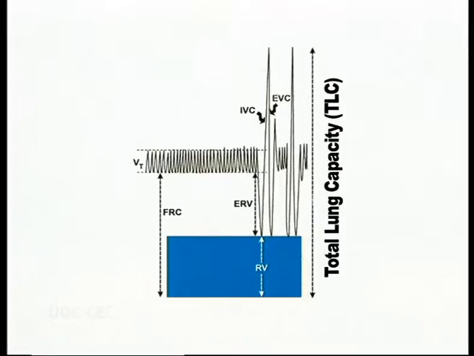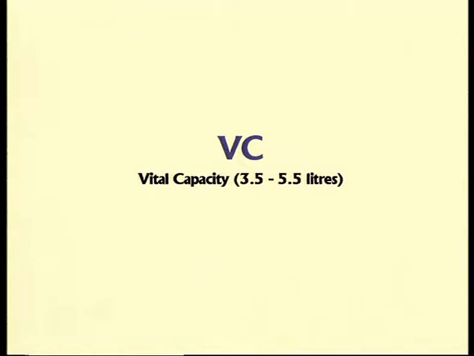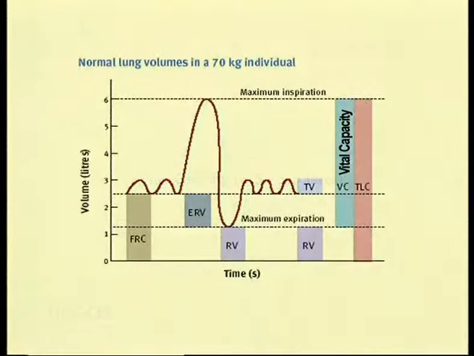Total lung capacity is the maximum amount of air that can be filled in both the lungs of an adult person. One very important value is VC, or vital capacity. Vital capacity is the volume of air that can be exhaled by a person forcefully after deep inspiration. I inhale the maximum air that can be filled in both the lungs, then I exhale the air forcefully. The amount of air I can exhale forcefully after deep inspiration is called vital capacity.